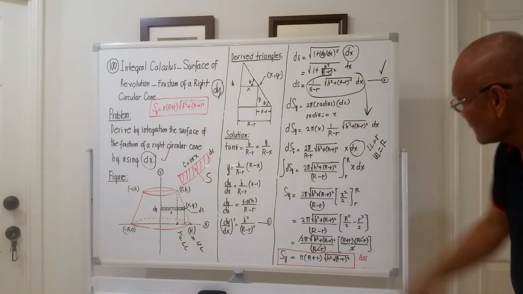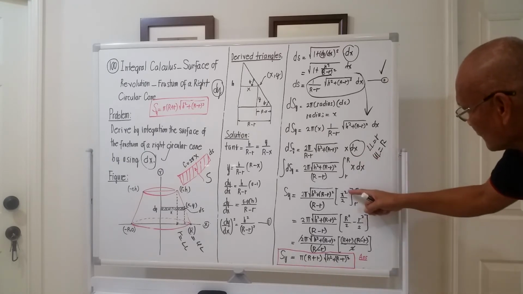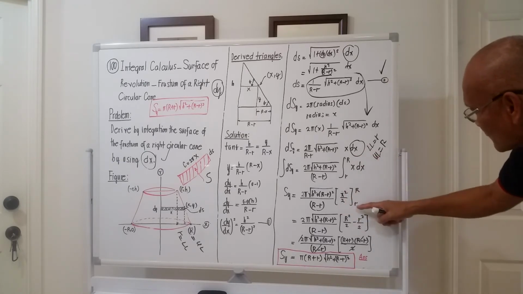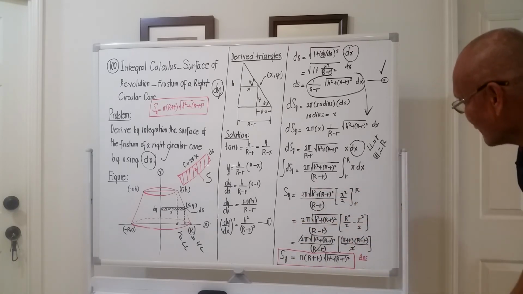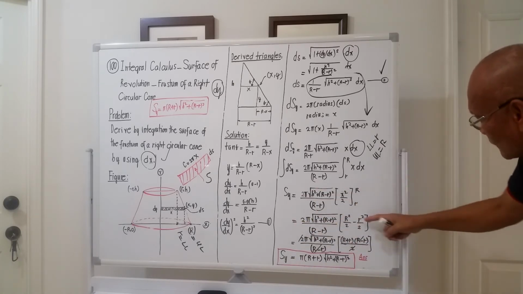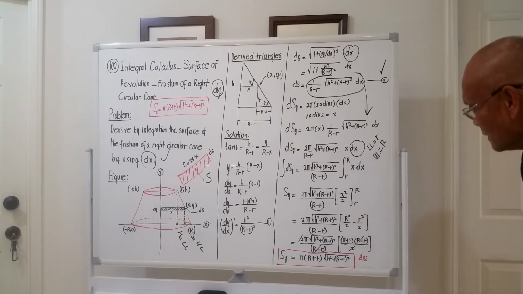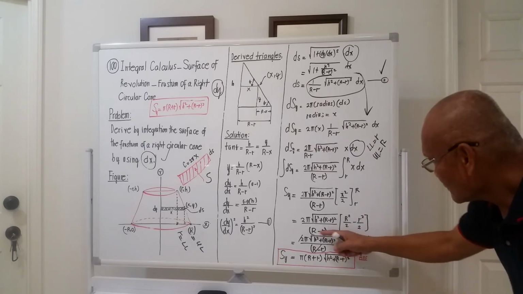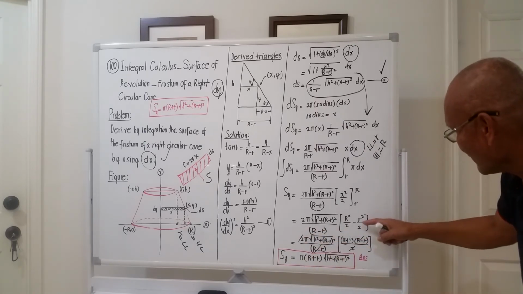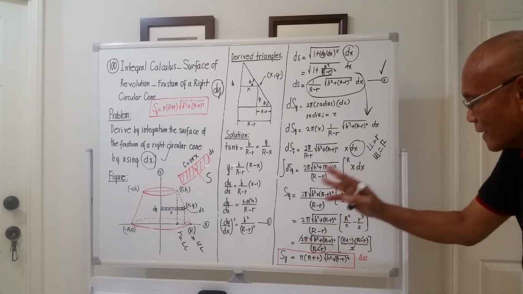These are all constants. The integral of x dx, it's a power formula. It will be x squared over 2 with the limit from small r to big R. I will rewrite this one. Substituting the limits, it will be big R squared over 2 minus small r squared over 2. And if we try to simplify, actually this is 2 and 2, so we could compress it into one fraction.